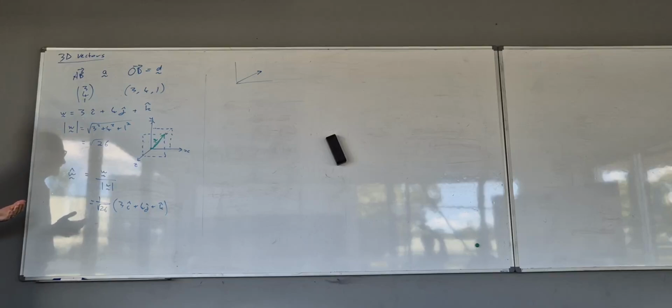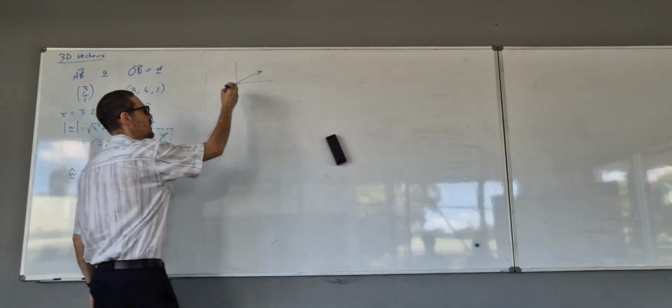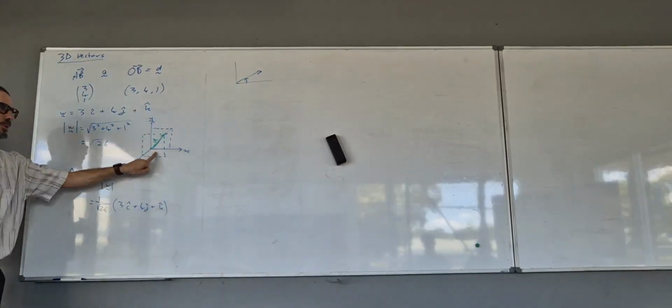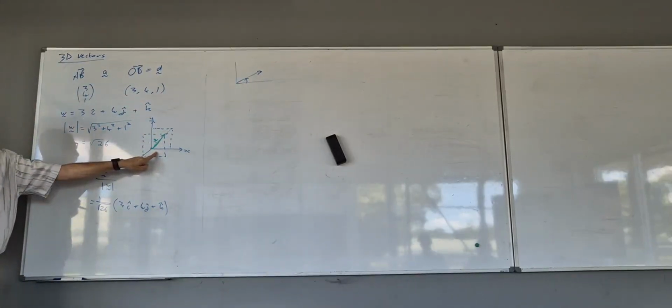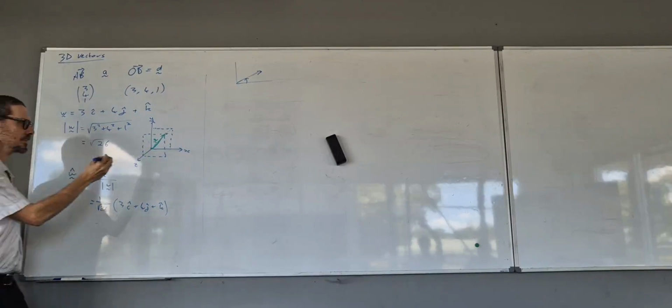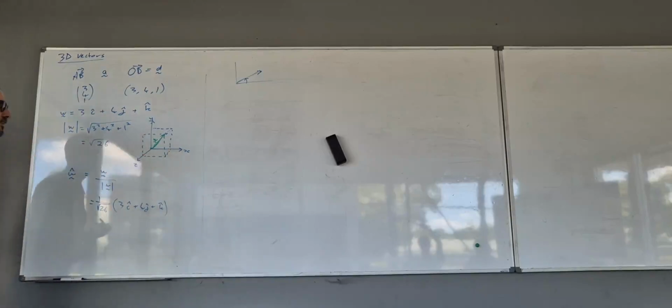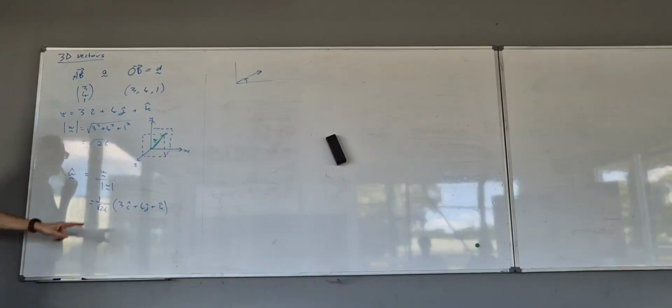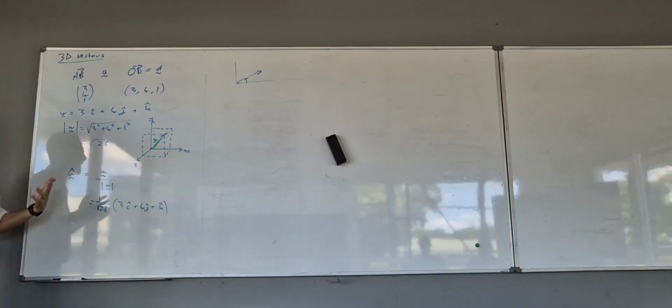Other Ben, remember. Go on, Ben. With an angle and a magnitude. Correct. I get the magnitude and this angle. Now look at the three-dimensional case. How am I going to do the same kind of thing in 3 dimensions? Let them think first, Ben. How can I describe this with a magnitude and angle in 3 dimensions?